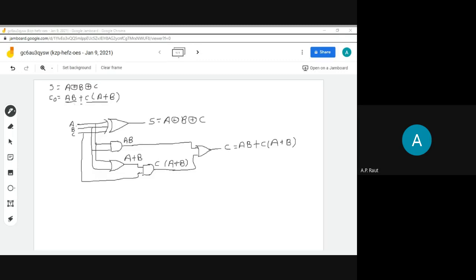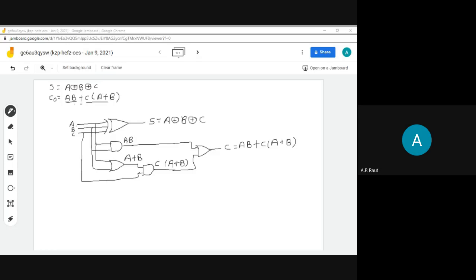And the last one. It is used in ALU, capital ALU. What is the long form of ALU? Arithmetic logic unit. It is used in ALU, in bracket arithmetic logic unit, to solve logical equations.